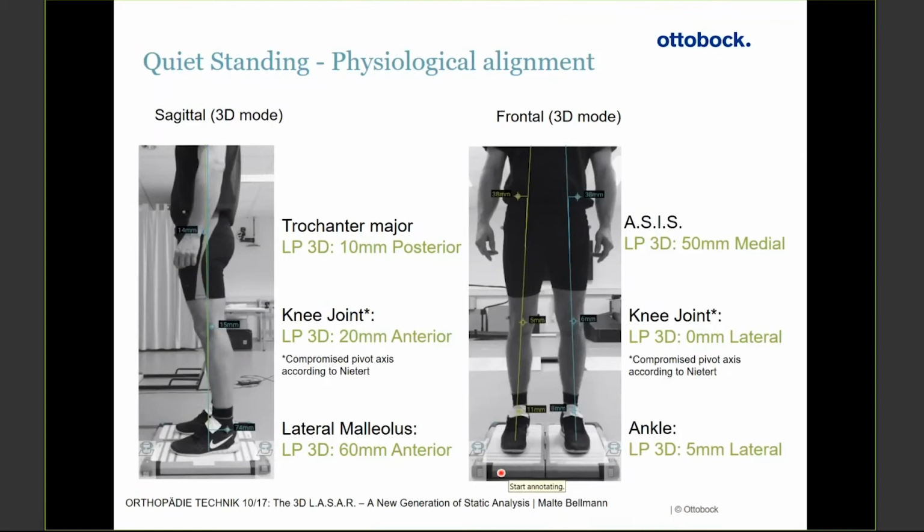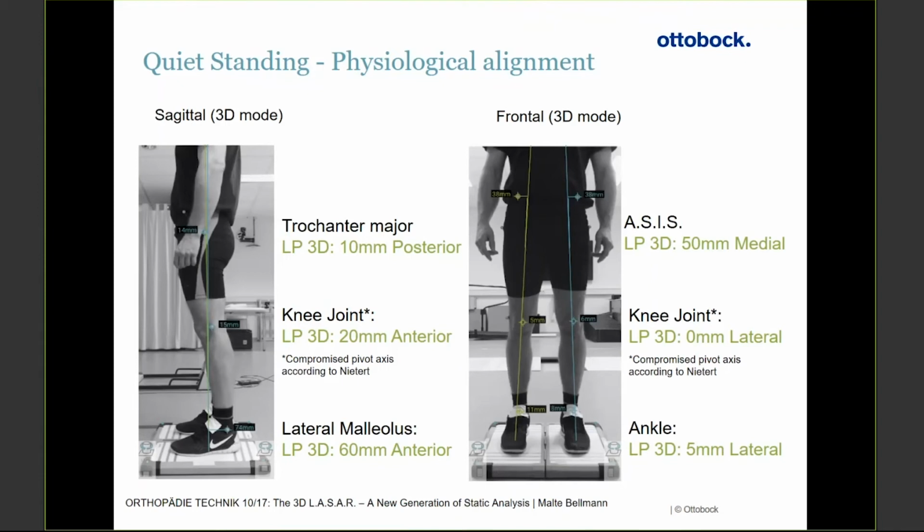The results were averaged for both legs, resulting in mean values for 100 limbs. And these are the results, plus or minus a few millimeters, of what a normal, I'm doing air quotes here, physiological alignment looks like.